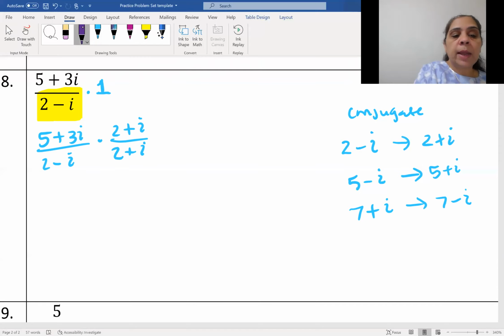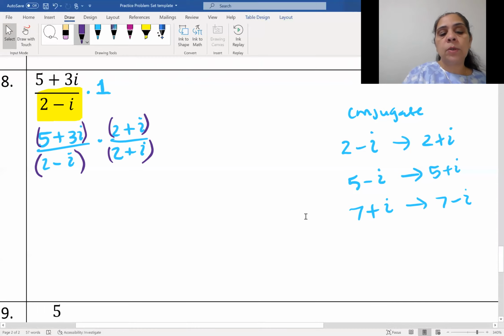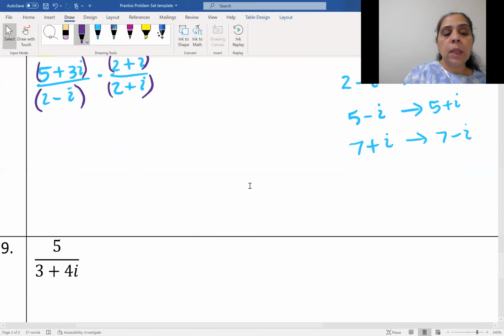So here in the numerator, we have 2 complex numbers. In the denominator, we have 2 complex numbers. So on top, we can use the FOIL method, or you can say the distributive property. So let's see here what we can do. I will just take the numerator outside.